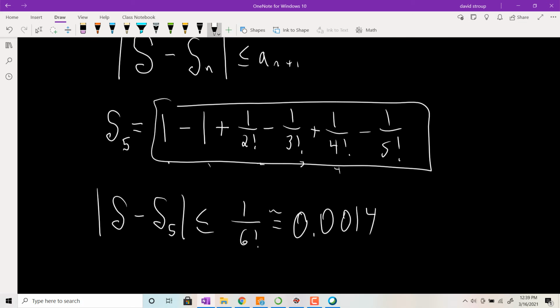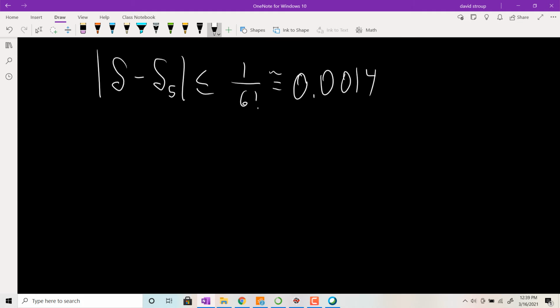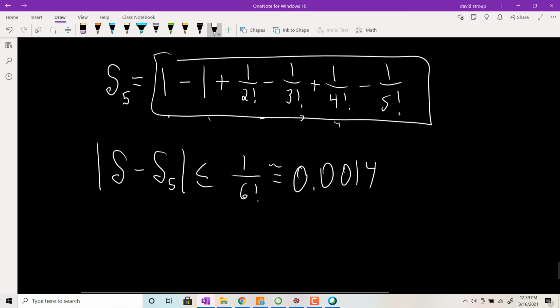There are basically 2 versions of this. In one version, you're trying to see how good your approximation is given some value of n, like S sub 5 is within 0.0014 of the actual sum. The other question is, given an error, like 0.005 instead of 0.0014, how long does your partial sum need to be in order to be within that error?